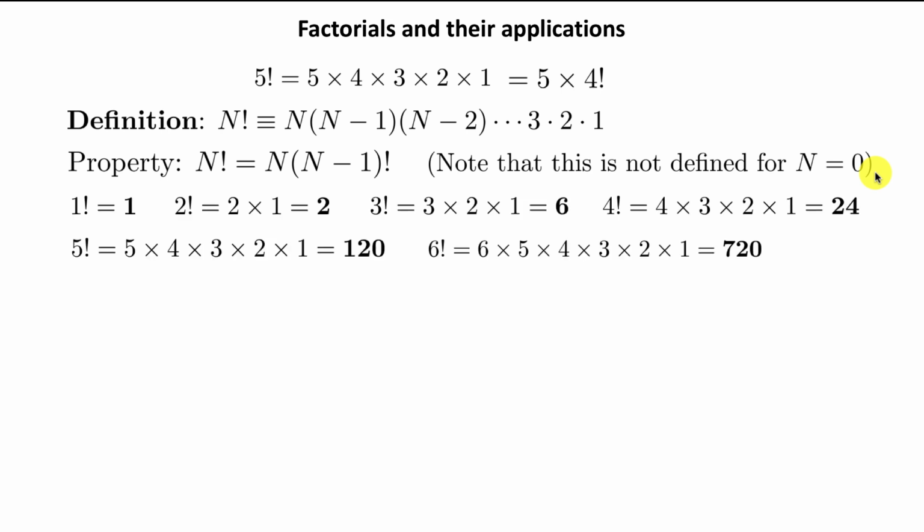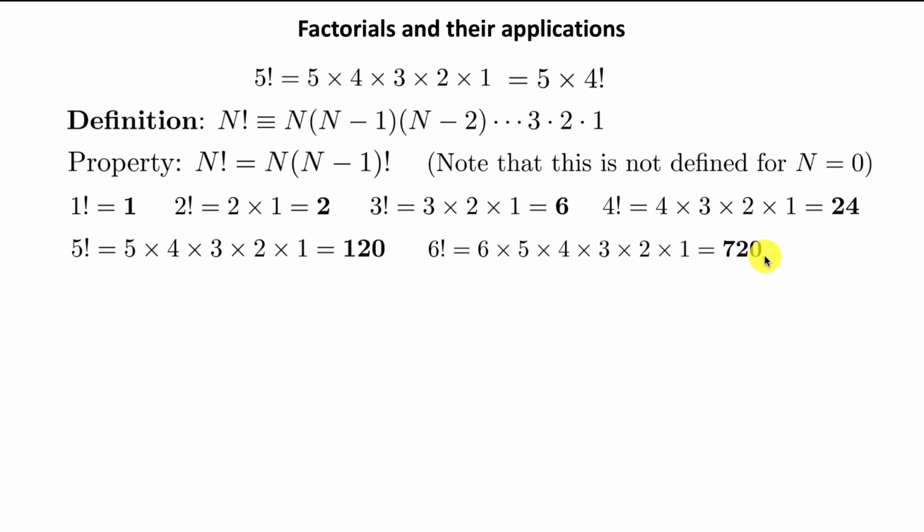Just for a little practice, 1 factorial is 1, 2 factorial is 2, 3 factorial is 6, 4 factorial is 4 into 3 factorial, which is 24, 5 factorial is 5 into 24, which is 120, 6 factorial is 6 into 120, and that's 720.